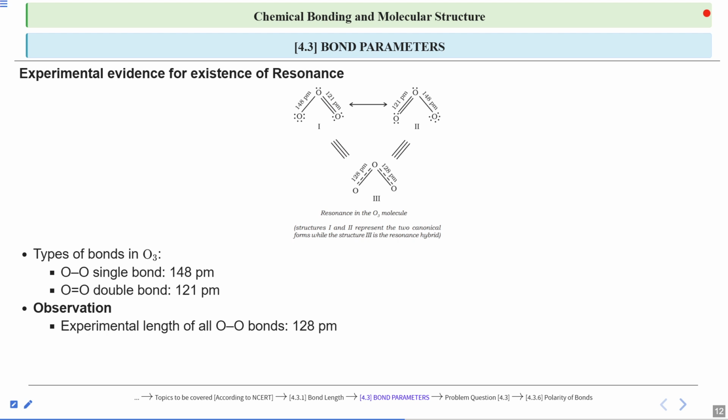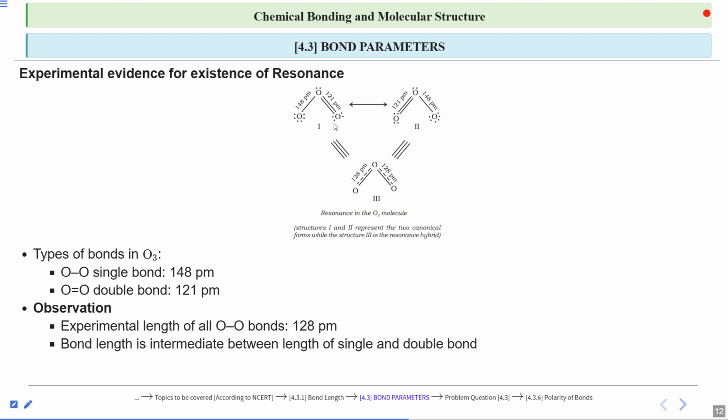Now, what we can say is that neither of these two Lewis structures is able to determine the overall characteristic of this O3 molecule. Therefore, we introduced a third Lewis structure which is known as the resonance hybrid. There we said that your bond length is intermediate between the second and the first.